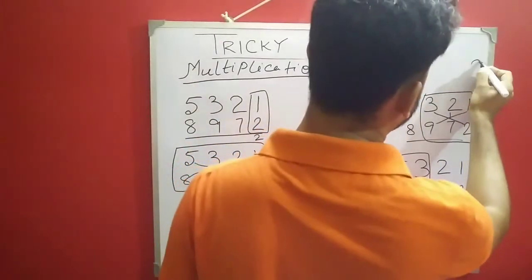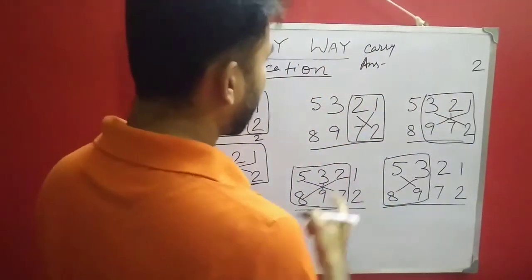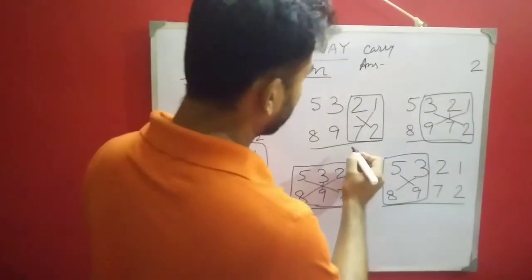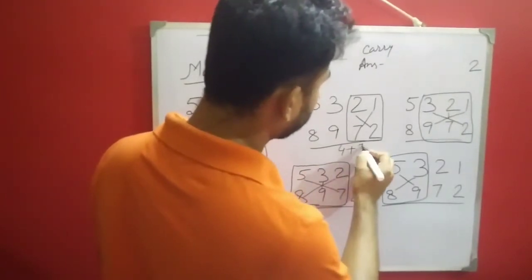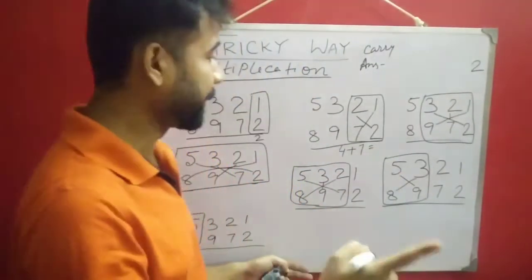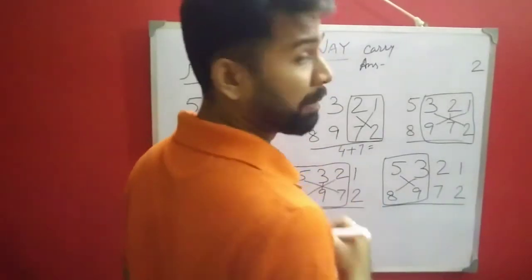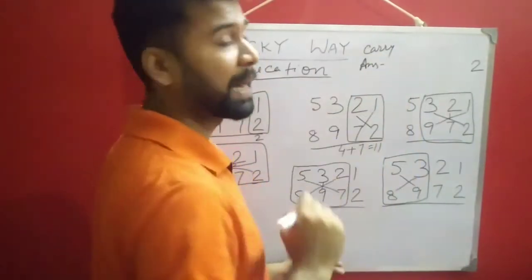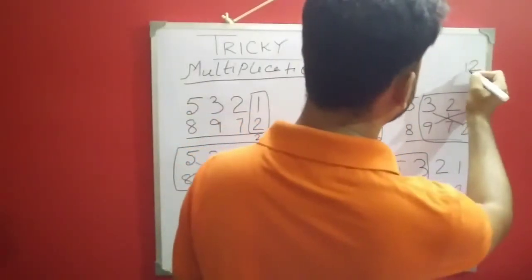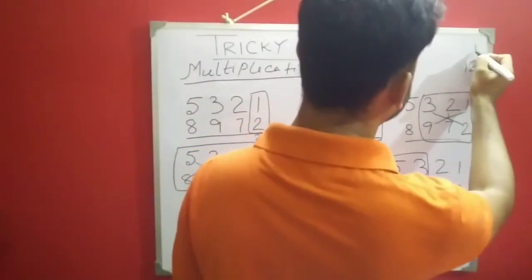So the answer is 2. Then 2 into 2 is 4, plus 7 into 1 equal to 7. 7 plus 4 equal to 11. We don't have a carry, so 1 and carry 1.